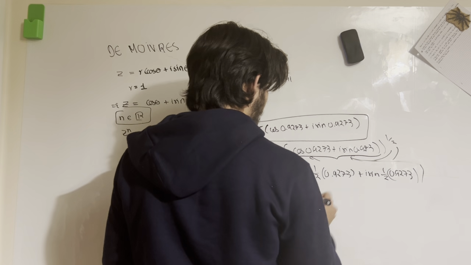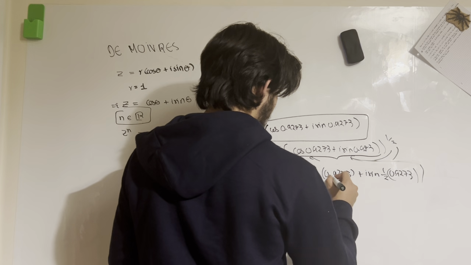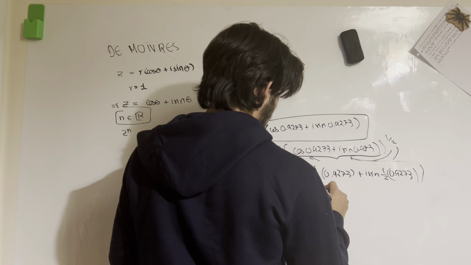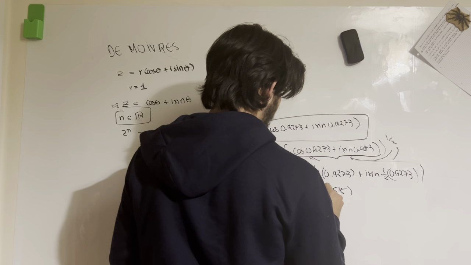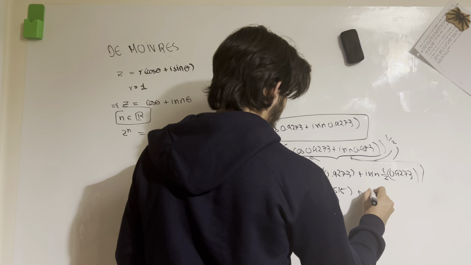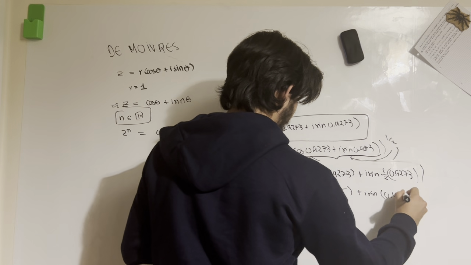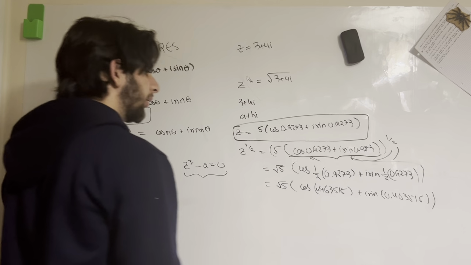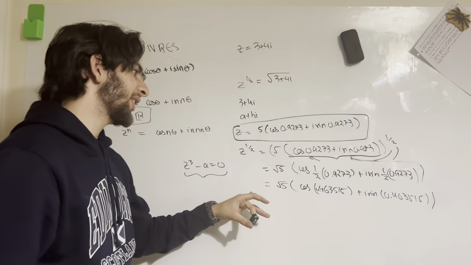So, computing this, what you'd get is just a half. So going downwards, it's just going to be 0.463515, and then plus i sine 0.463515. And that is quite literally one of your answers.